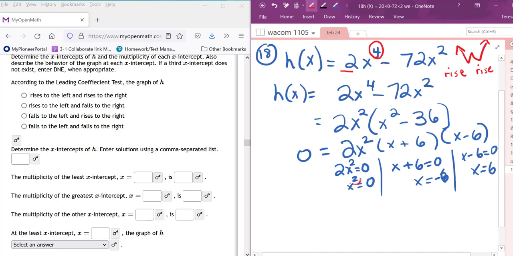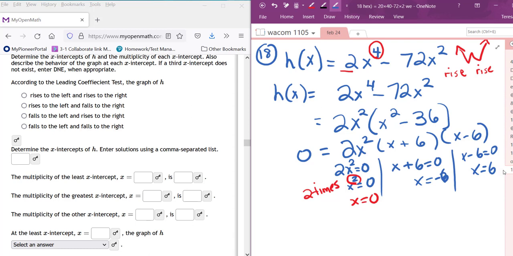So you have to be a little careful there. It is going to be x equals 0, but it occurs 2 times. Or the multiplicity is 2, which means the graph will touch it and turn around. All right, so all of our x-intercepts, 0, negative 6, and 6. That would be the answer here.